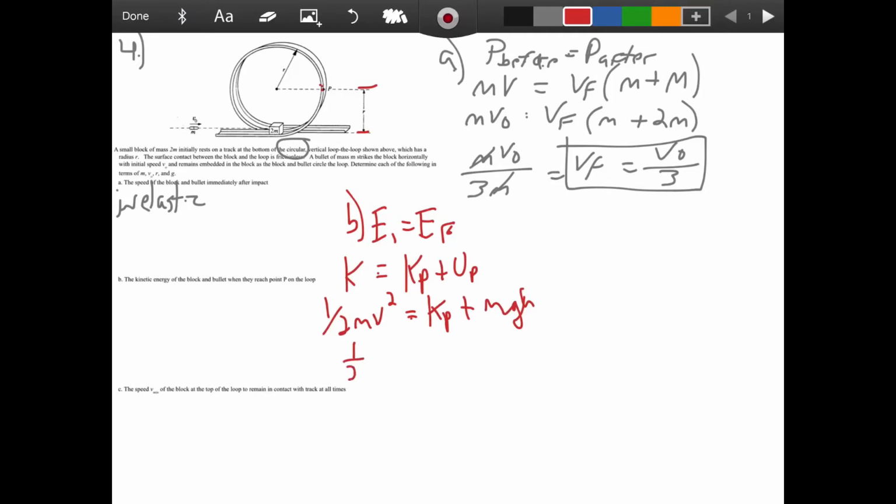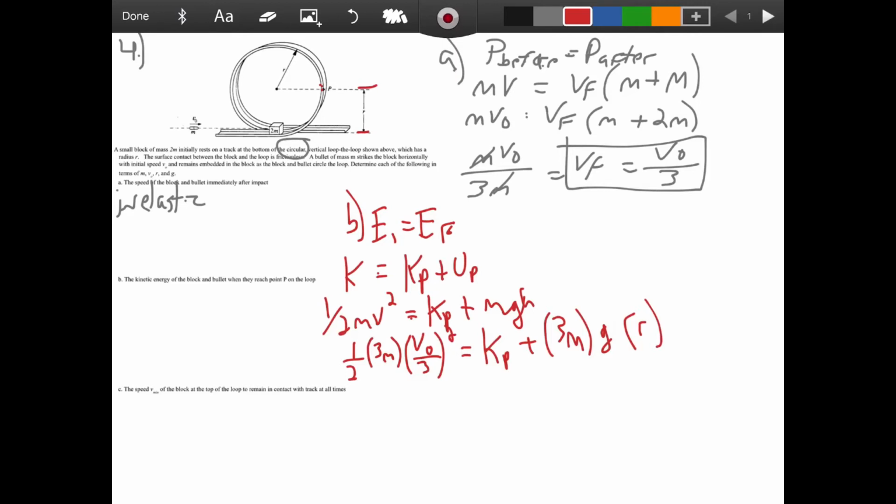Now let's plug in, we'll move it over, and we'll get our expression. Here we have 1/2 times 3m times v naught over 3 squared equals this kinetic plus, let's see, we have mass 3m. Okay, leave it as g. And the height is r. So let's multiply this one out.